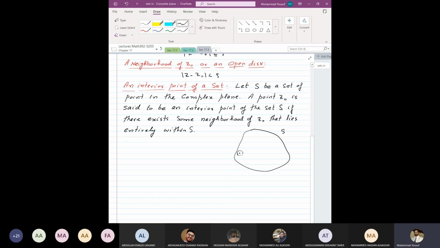If it is, then this Z naught is called an interior point of S.